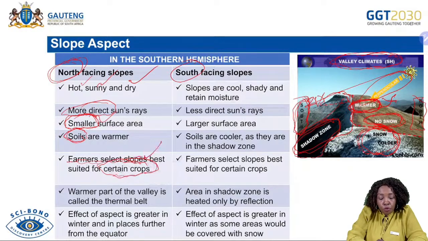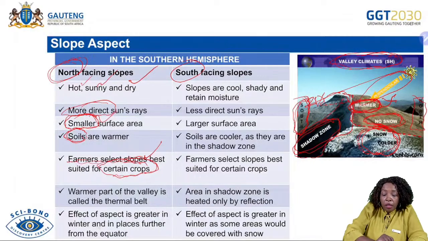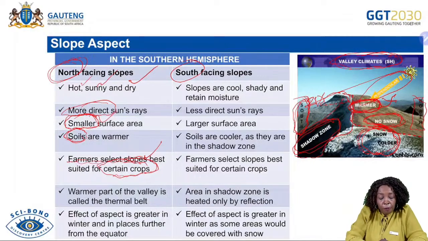Farmers have to know the type of crop that they would need to grow in the warmer slopes and the type of crop that can survive the cold within the south-facing slopes. The warmer part of the valley is called the thermal belt.